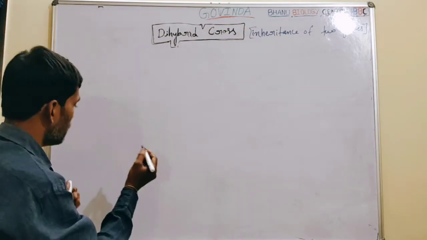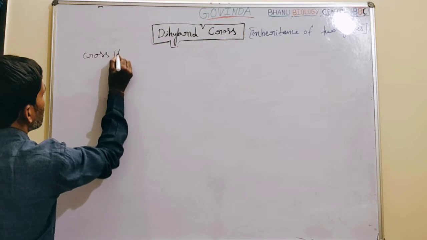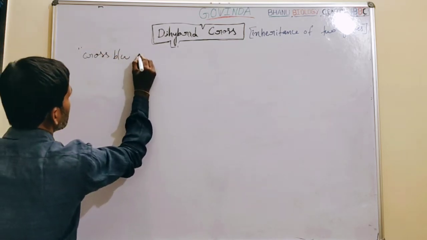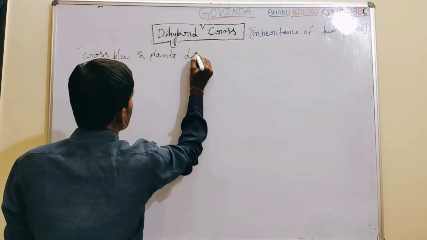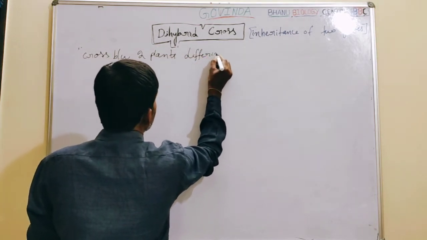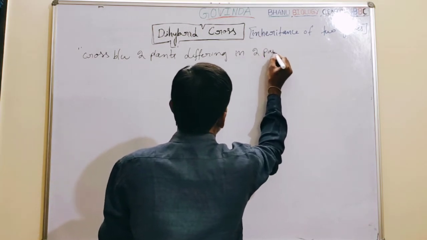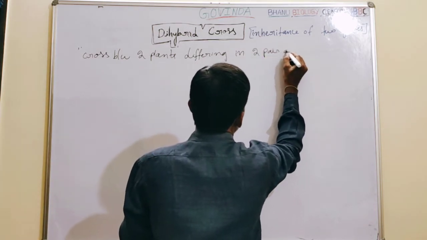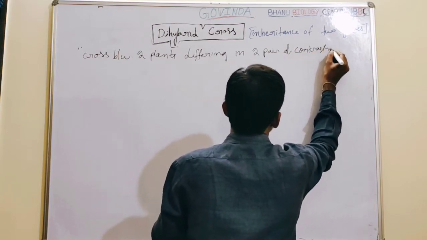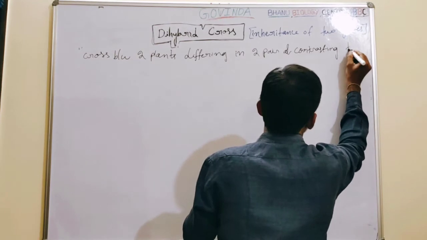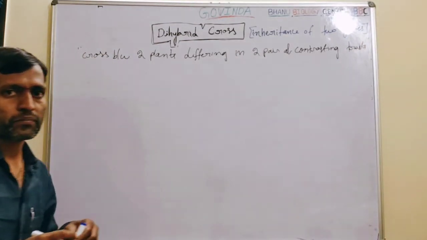As the name indicates, it is a cross between two plants differing in two pairs of contrasting, I mean opposite, traits. The meaning is very simple.